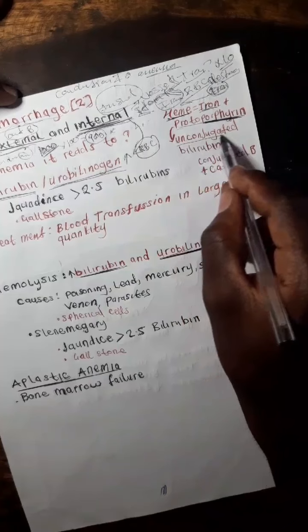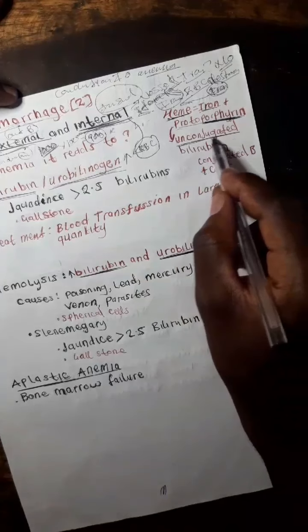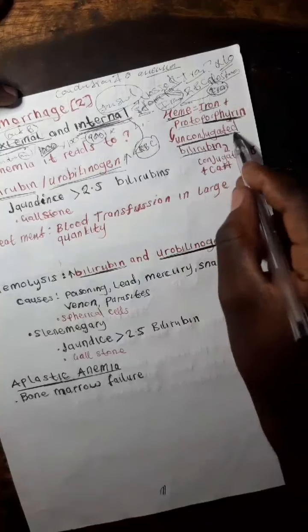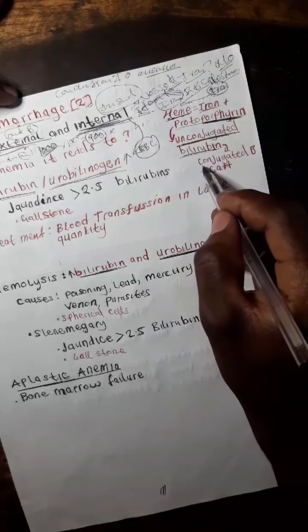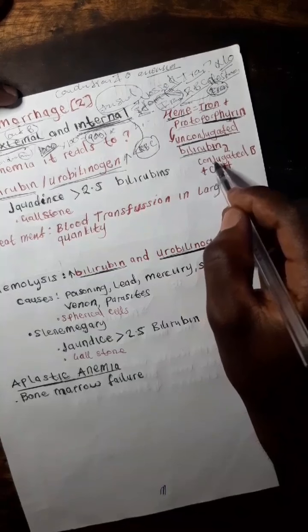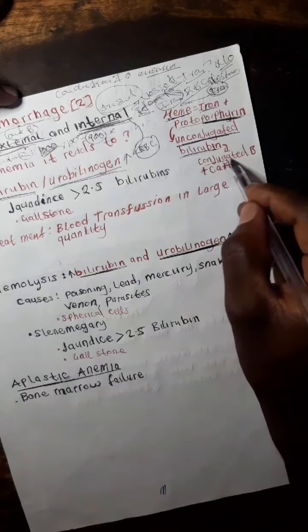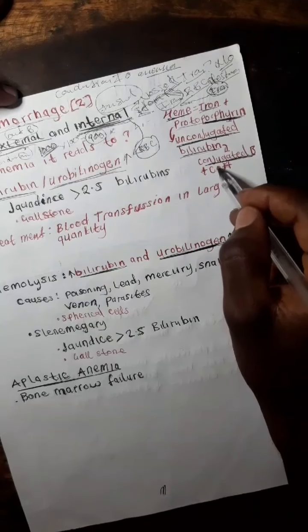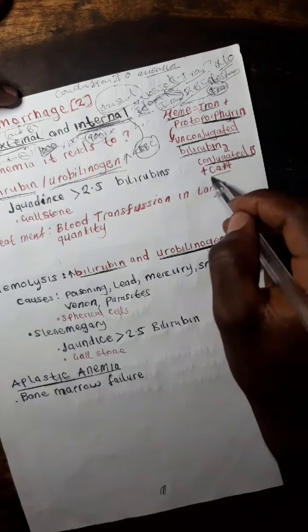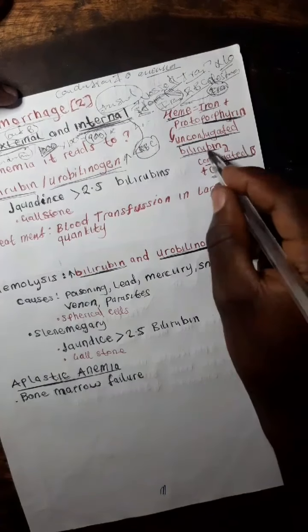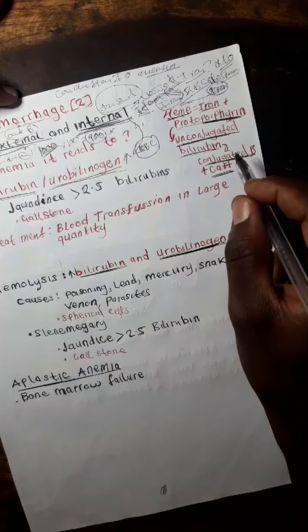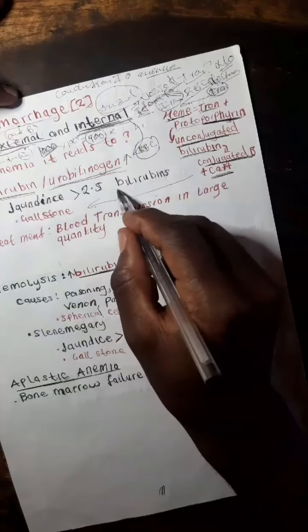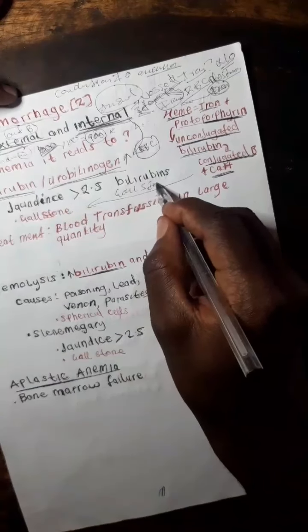It is being converted to unconjugated bilirubin. Then unconjugated bilirubin is converted to conjugated bilirubin. Conjugated bilirubin can react with calcium ion. When they react with calcium ion, what can it cause? It can lead to gallstones.